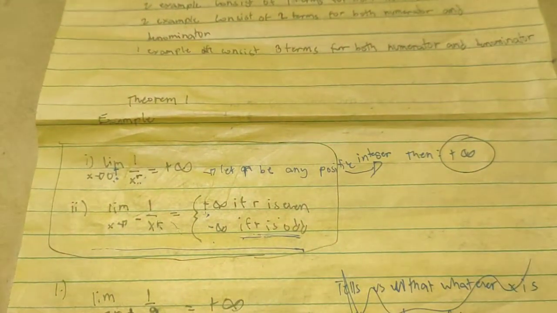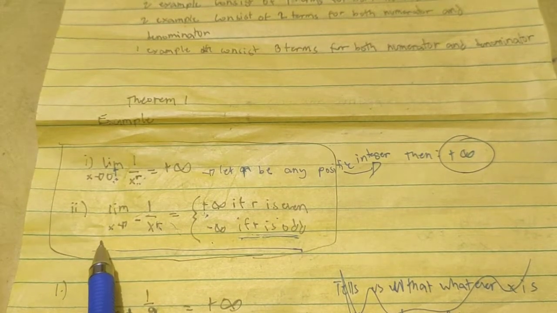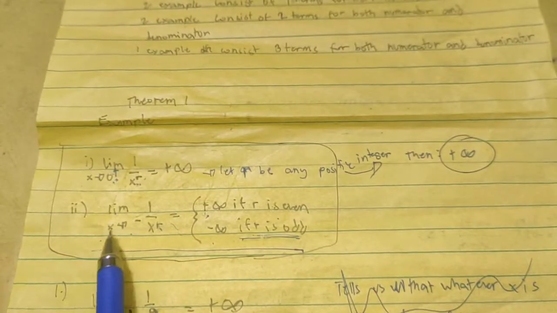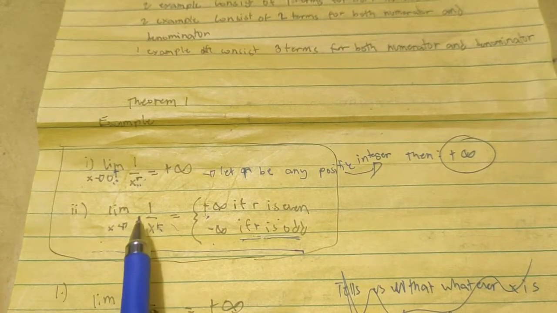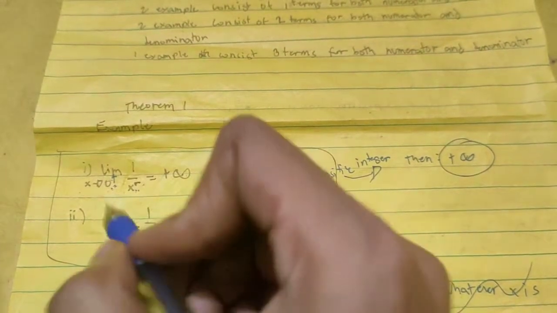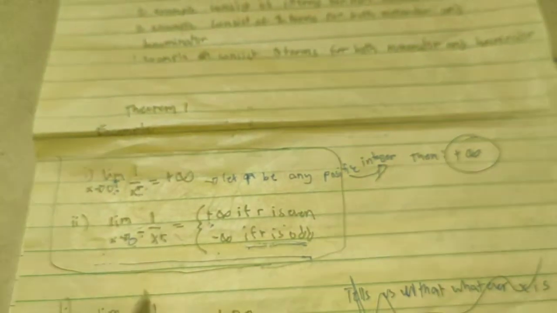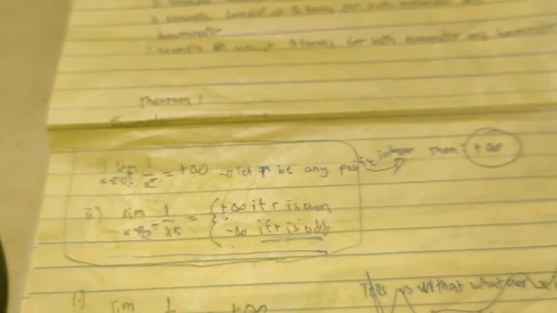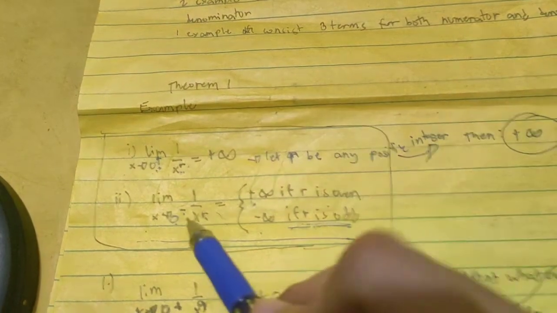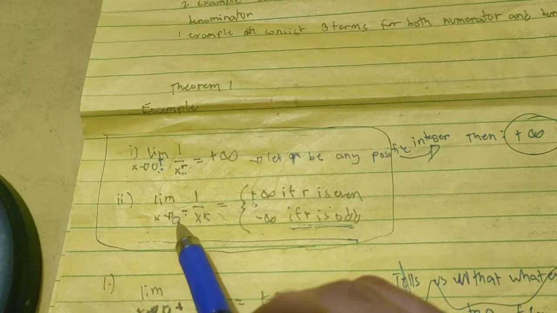Now to this one. This limit approaches to the left. This limit approaches to the right. This limit approaches to the left. We know that it approaches to the left when it is negative. Alright? So let me focus on that one. If it is negative, it approaches to the left.